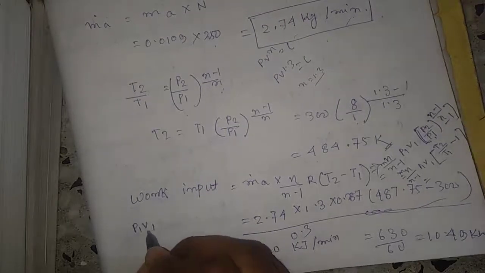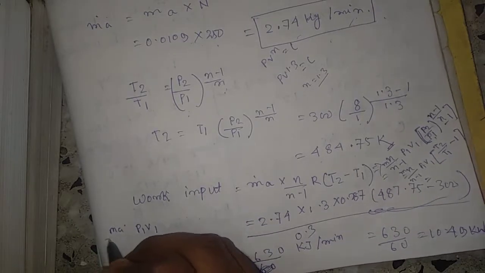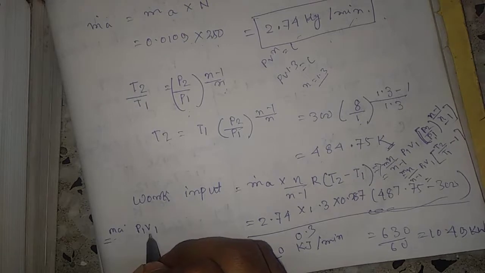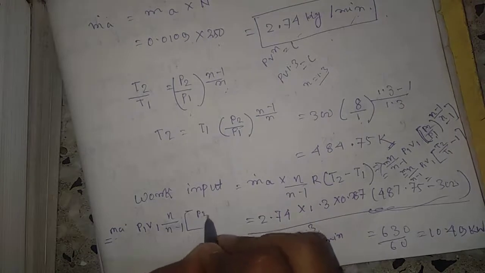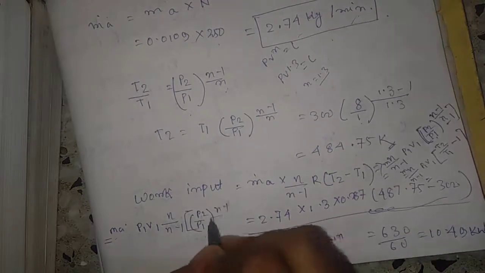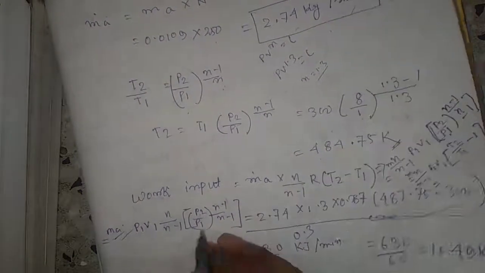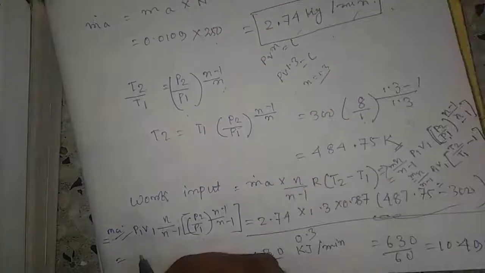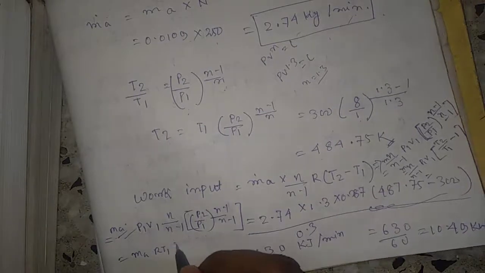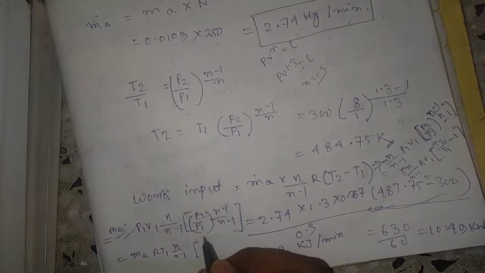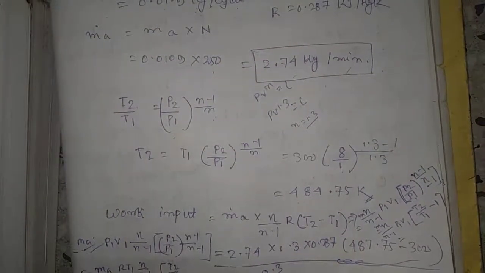The mass of total compressed air into P1 V1 into n by n minus 1 into P2 by P1 to the power n minus 1 by n. You are familiar with these equations, but here the mass of air is included. P1 V1 is equal to MRT1, so MA into RT1, n by n minus 1, and P2 by P1 to the power n minus 1 by n is basically T2 by T1. Now T2 by T1 minus 1.